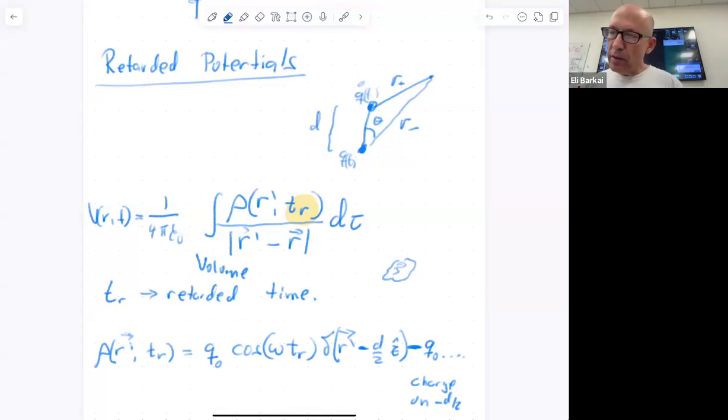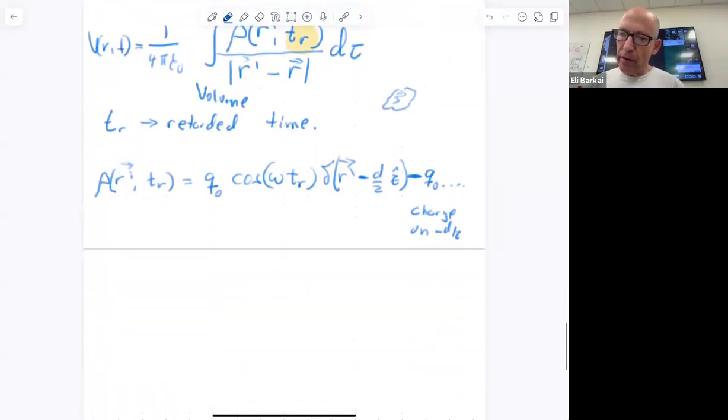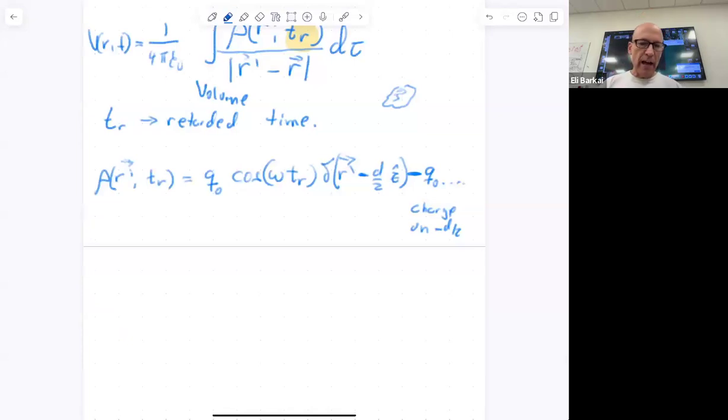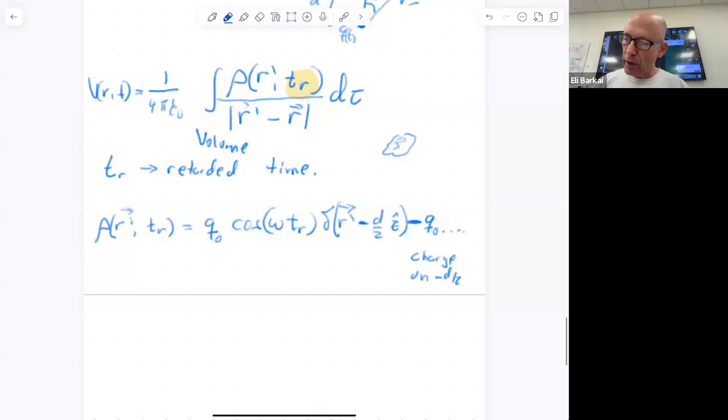When you insert it and take into account the fact that we have delta functions, these delta functions, by the way, help you tremendously. It's not by chance that we are using this pedagogical example right now, because integration over delta functions, over the whole volume, the whole space, is very simple.